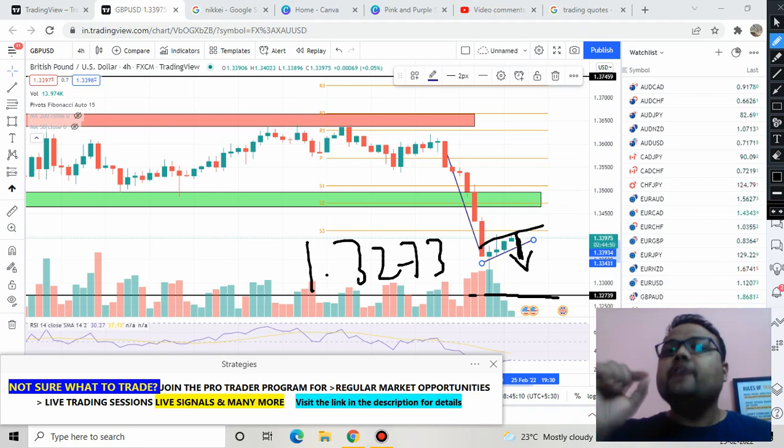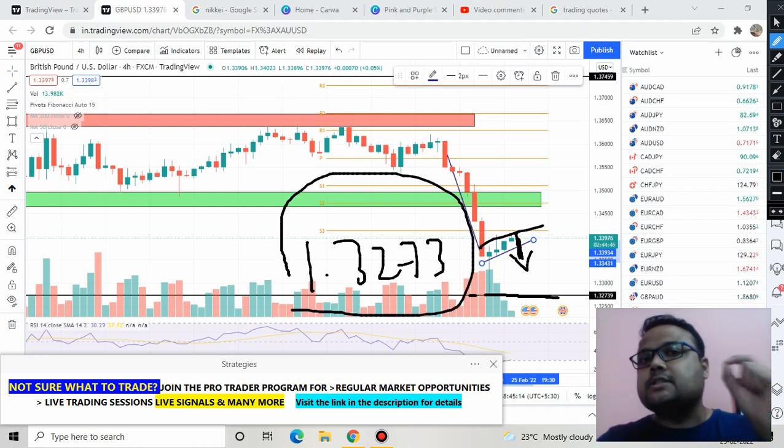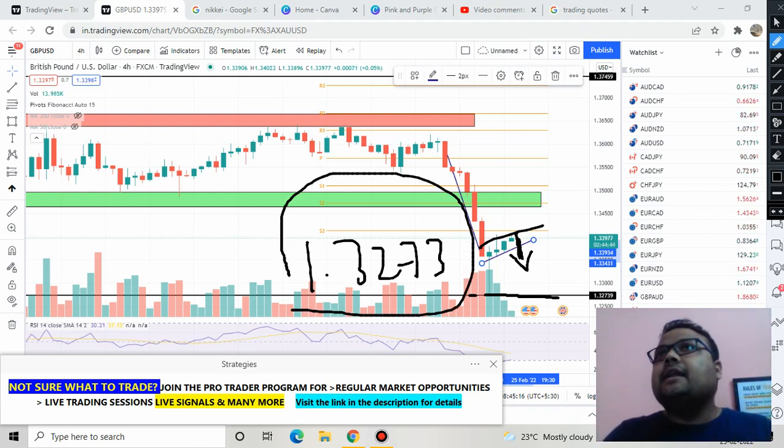What I think is that if the market touches 1.3273, yesterday's low, there will be some fresh selling in the market, and there is a possibility of the market breaking down. So if the market breaks this level, then you can take a sell position, because that will be a fresh wave of selling in the market.